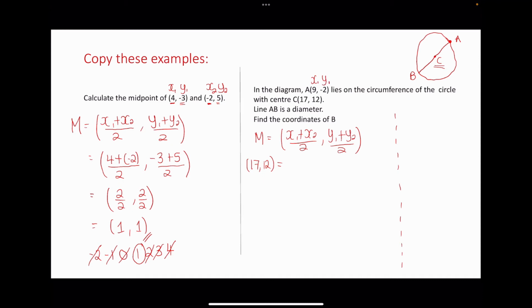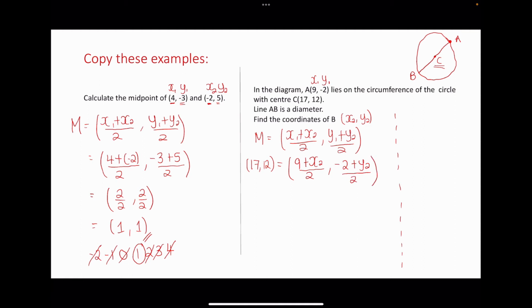B is what I'm trying to find. B would be made up of an x coordinate and a y coordinate, and B would be your second set of coordinates. So I'm doing x1, which is 9, plus x2, which I don't know, divided by 2, y1 is negative 2, plus y2, which I don't know, divided by 2.